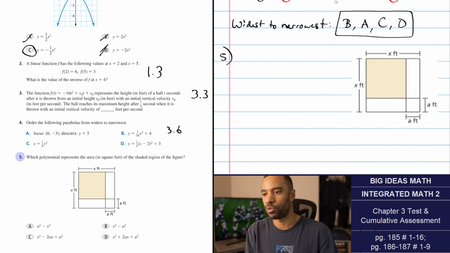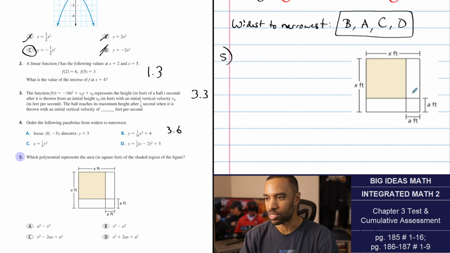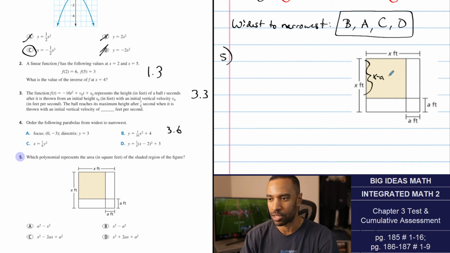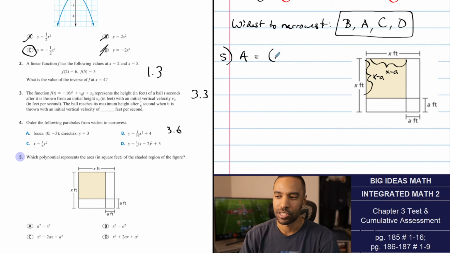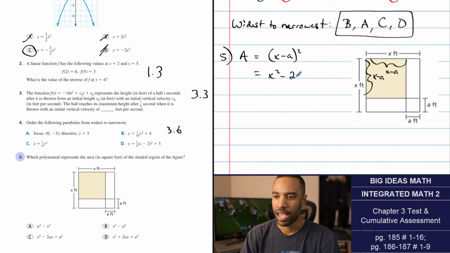For this, we're talking about the shaded region only. The whole length here is x feet. That small piece being a feet means that a can be taken out of these x's, and this would be x minus a. This here would also be another x minus a. So the shaded region area is x minus a quantity squared, which simplifies to x squared minus 2ax plus a squared.